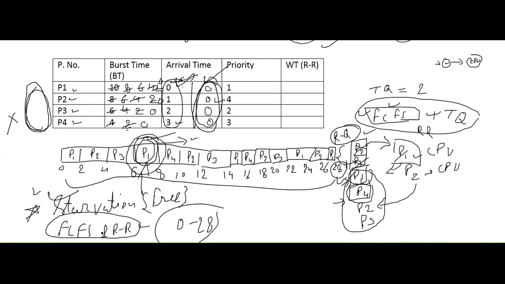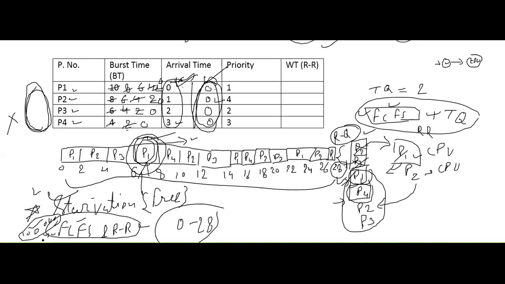Now, why do these two algorithms not suffer from starvation? Starvation says that if any process in any specific circumstances has to wait infinitely, that is known as starvation. Now, in FCFS, definitely there is a possibility that a very long burst time process arrives first and wants to execute first, but after a particular amount of time definitely the new process will get chance.